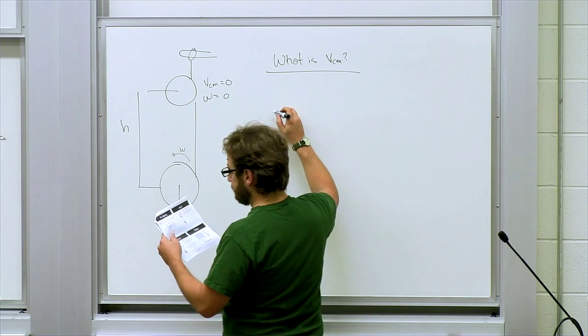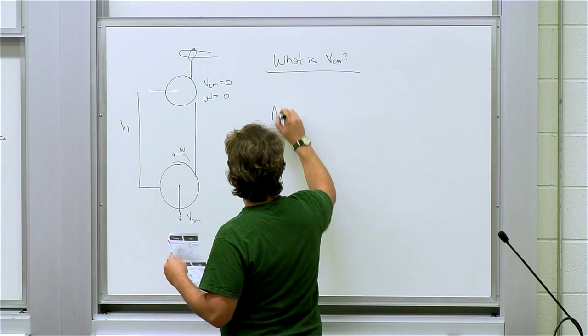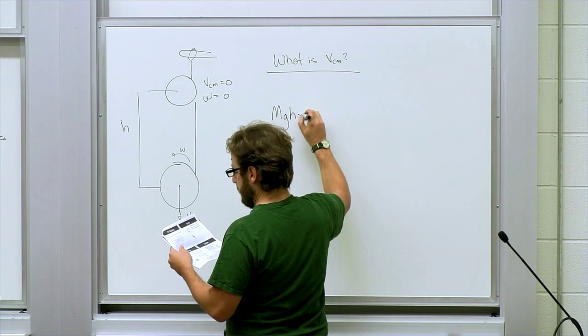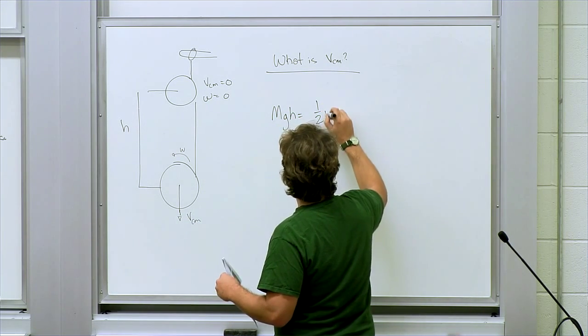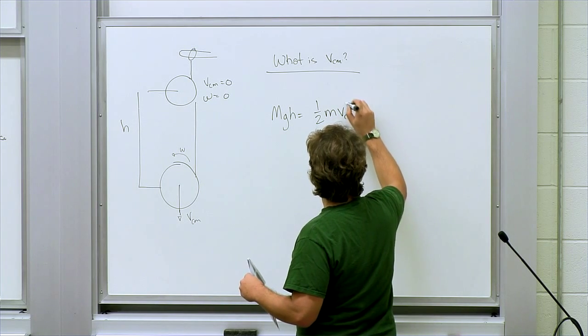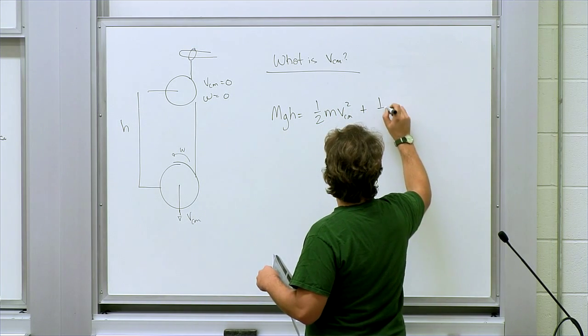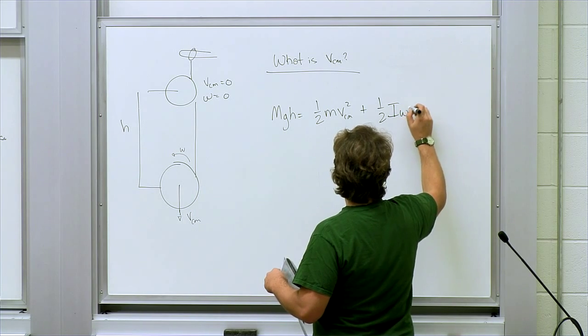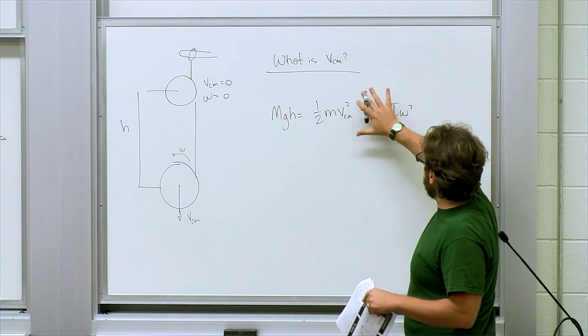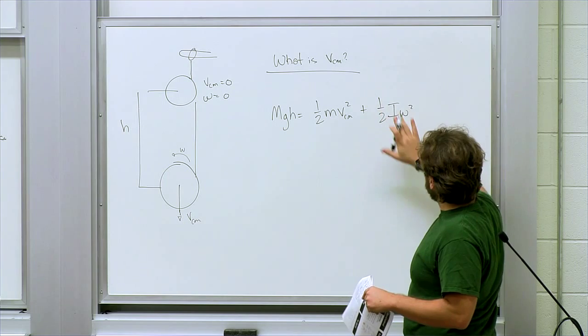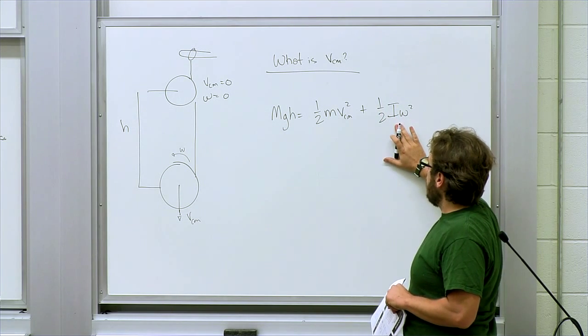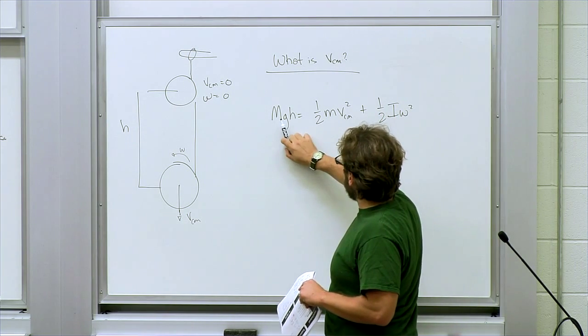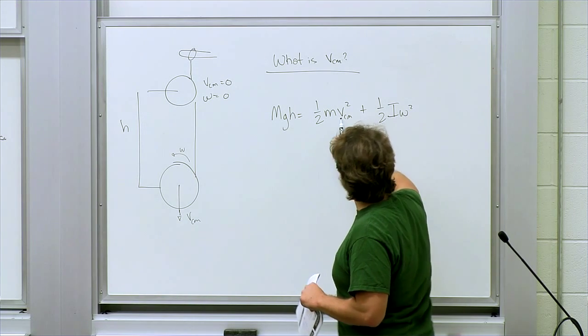So we can say mgh is 1/2 m v center of mass squared plus 1/2 I omega squared, right? We would only have this term initially if it wasn't rotating, but now we have this as well. And so we're given h and the mass, and we're asked to find v.